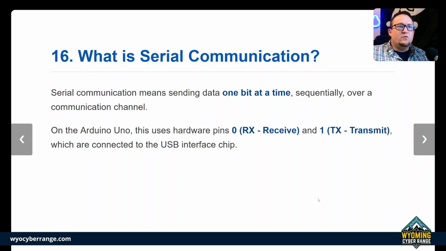The Arduino Uno uses its hardware pins 0 and 1 to receive and send. This information will be transferred into the USB interface chip so that we can communicate with it. This is also why the Arduino is connected to our USB port and shows up as a COM port.